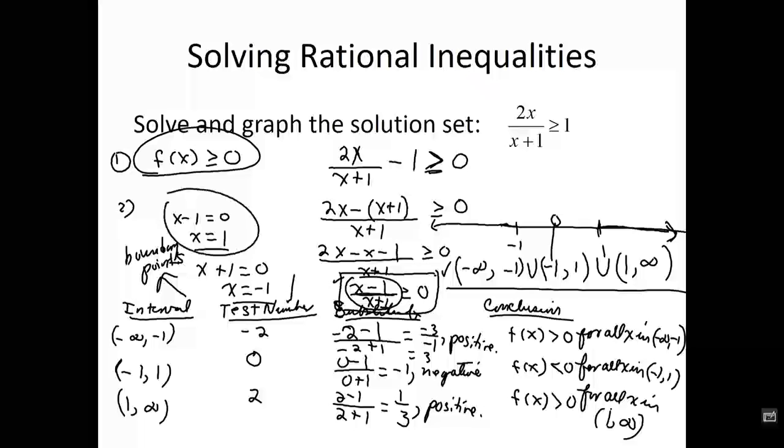This is what we found: x minus 1 divided by x plus 1 is equal to 0 when x is equal to 1. So therefore, since it's greater than or equal to 0, and it's equal to 0 at 1, we must include 1 in the solution set.